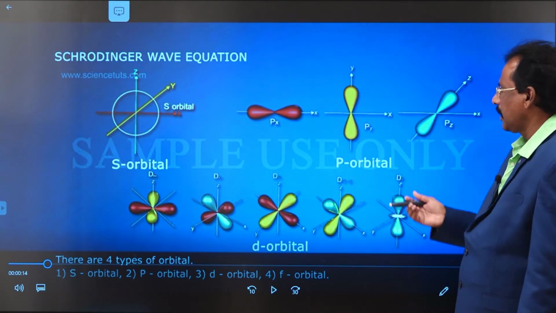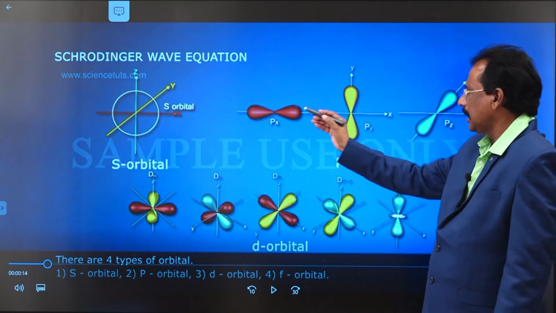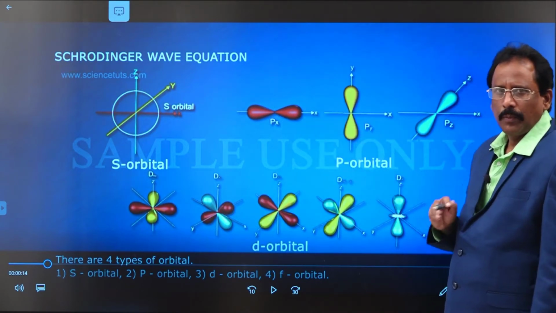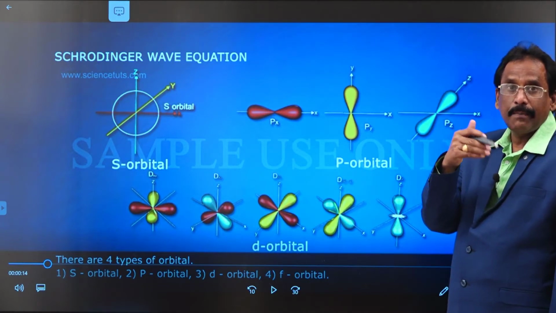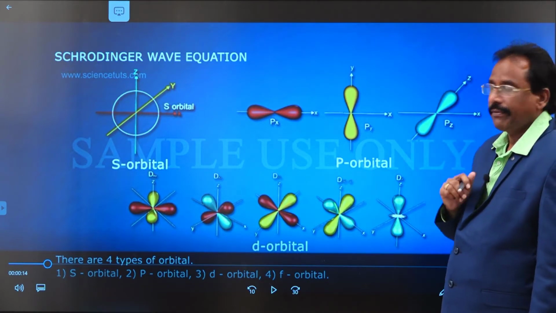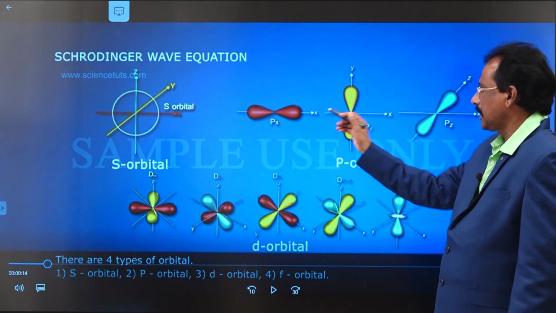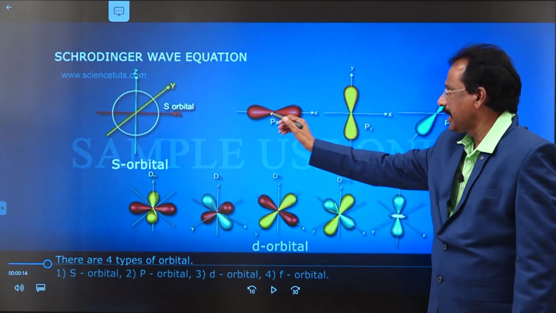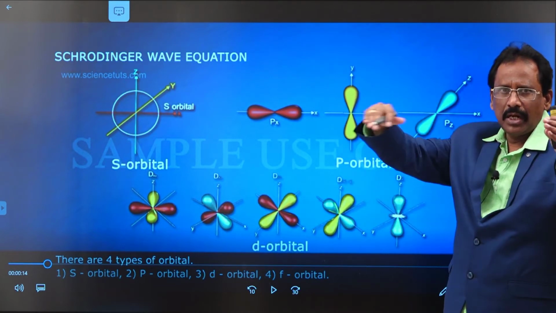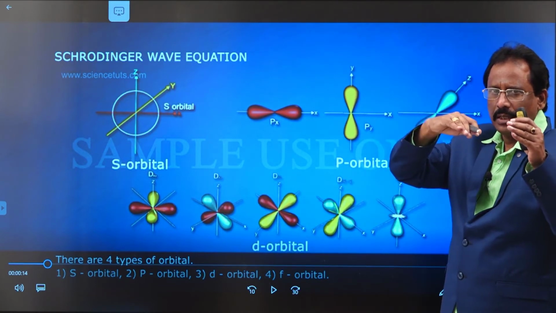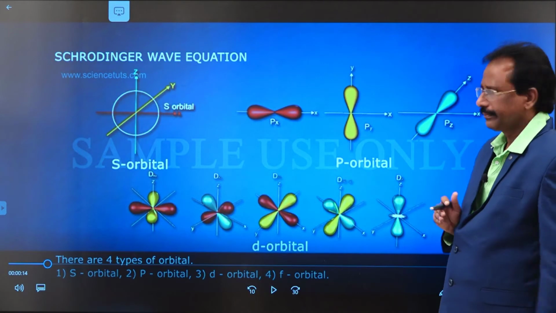See here, in the px orbital, these two lobes mean the probability of finding the electron is maximum, about 95%. This is the meaning of electron density. In the px orbital, electron density is concentrated along the x direction.